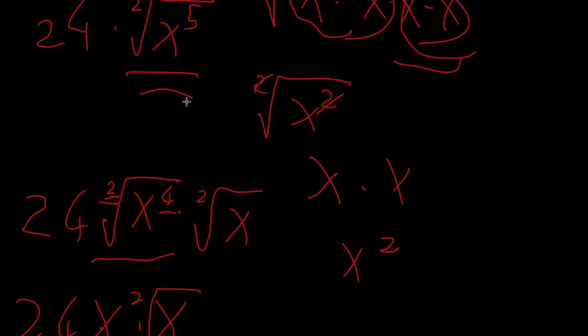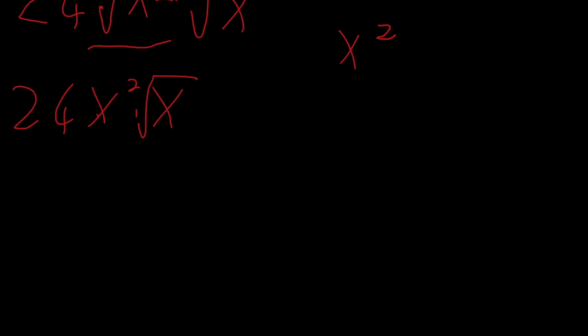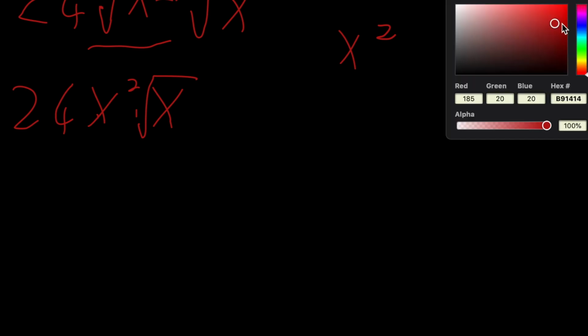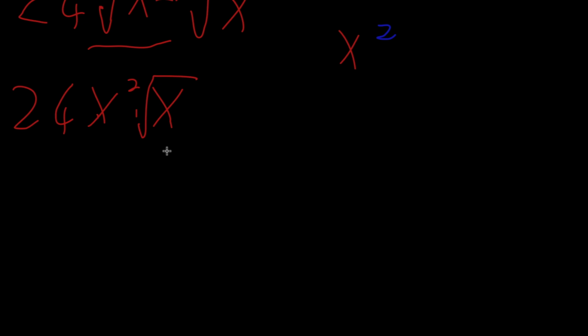Okay, now I'm getting kind of bored of this red color. Let's try that. Okay, now, last problem, and I really want you to try this on your own. What is 2 times the square root of 7x times 3 times the square root of 14x squared?